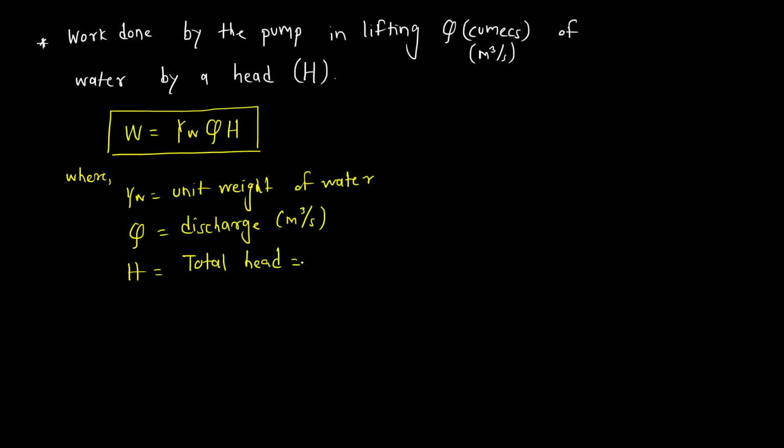And how do we find this total head? Suction head plus delivery head plus head loss due to friction. So with all these formulas we can find the work done in lifting the water up to height H.